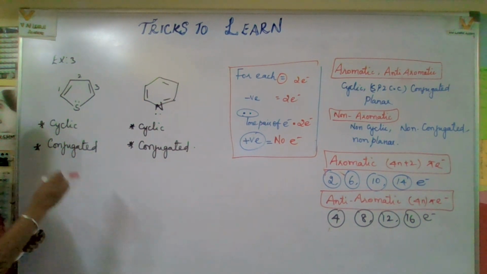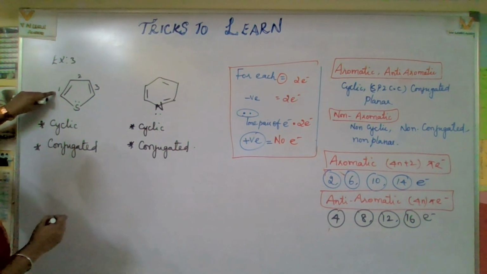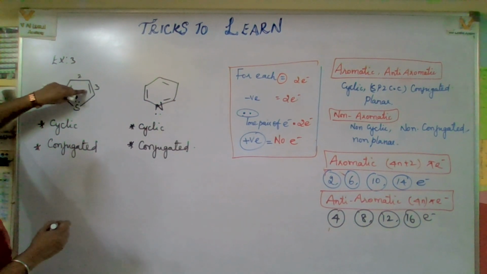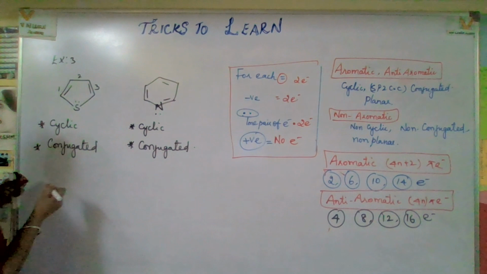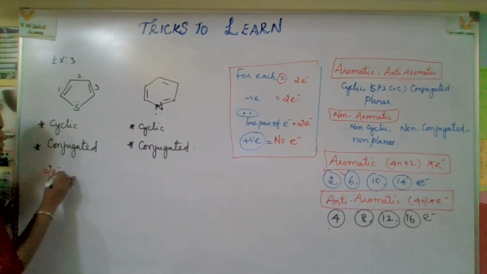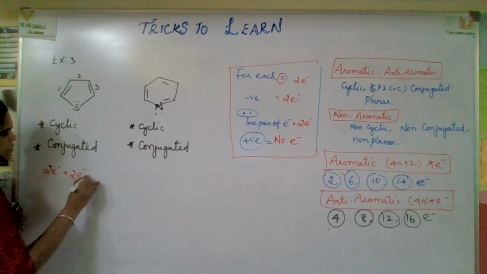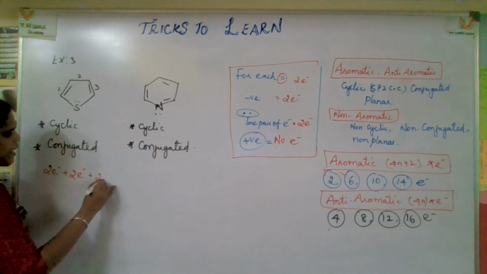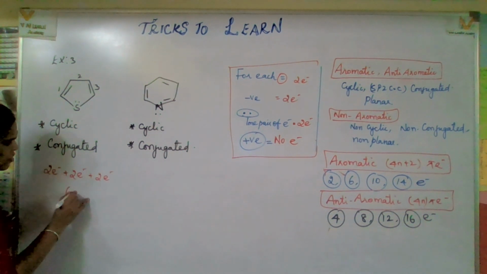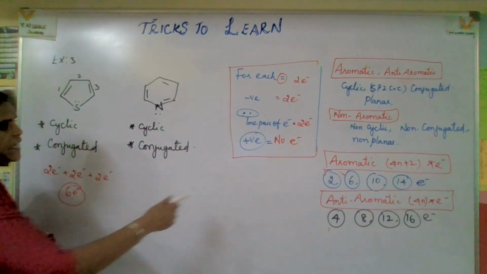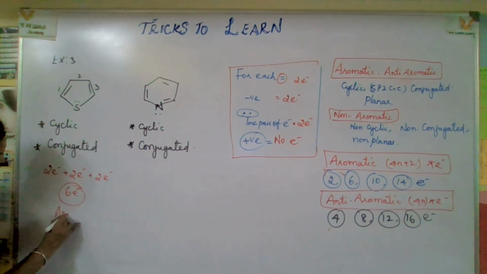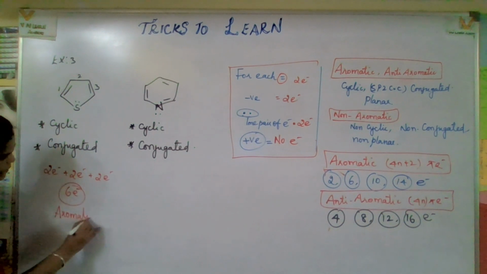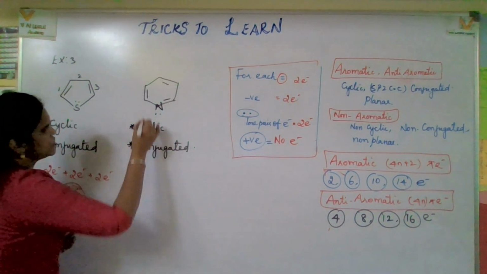Double bond, 2 electrons. And here double bond, 2 electrons. And lone pair of electrons, here 2 electrons. That means 2 plus 2 plus 2, 6 electrons. 6 electrons means it belongs to which group? It's aromatic.